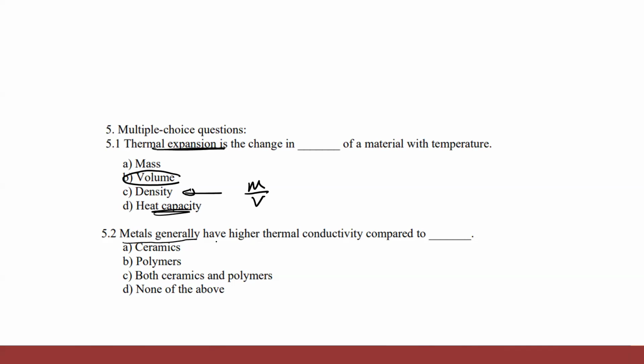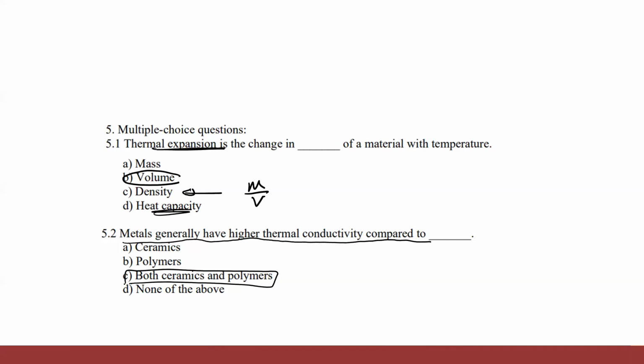The next question: metals generally have higher thermal conductivity compared to ceramics, polymers, both ceramics and polymers, none of the above. Both. So you also see this in your cooking pans. The handle is a polymer most of the time, and the pot is metal.